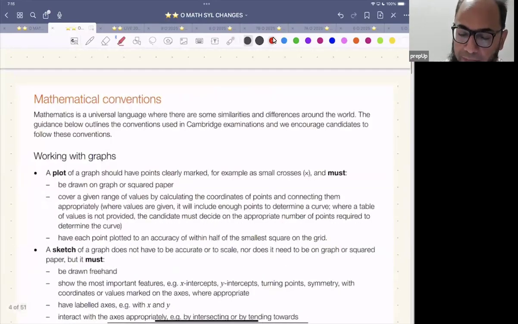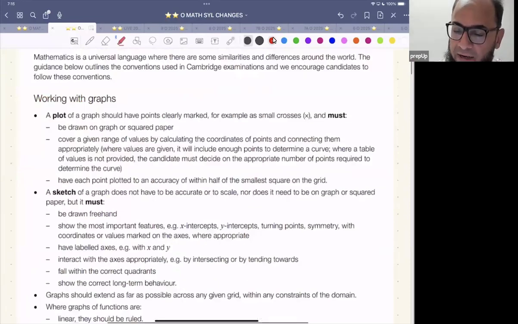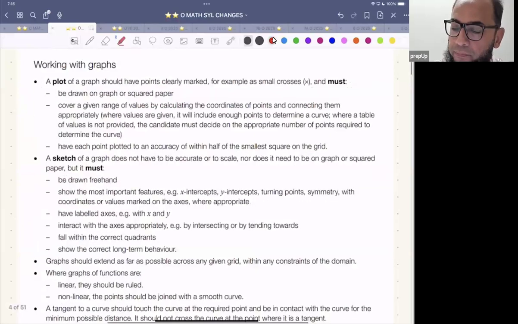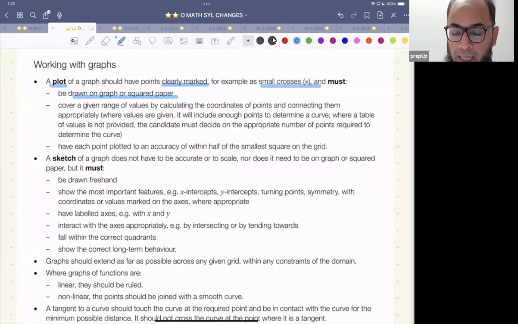Now, there are a few things that we should be well aware of. If I talk about a plot of a graph, it should have the points clearly marked. This is exact. For example, small crosses, and it must be drawn on graph paper or squared paper. Cover a given range of values by calculating the coordinates. So an equation is given and then you calculate something, connecting them appropriately.